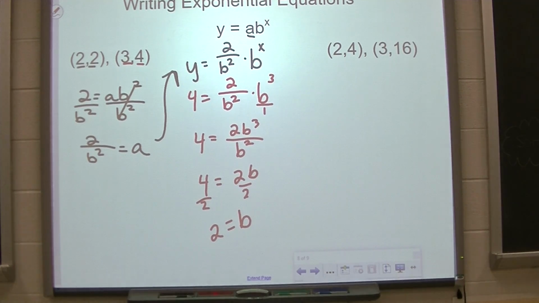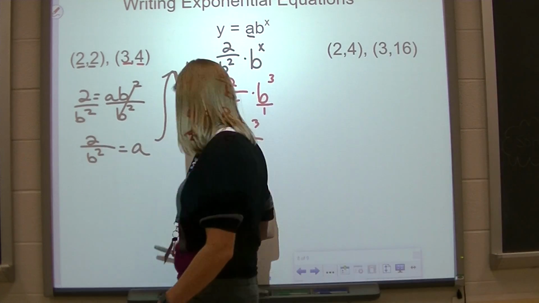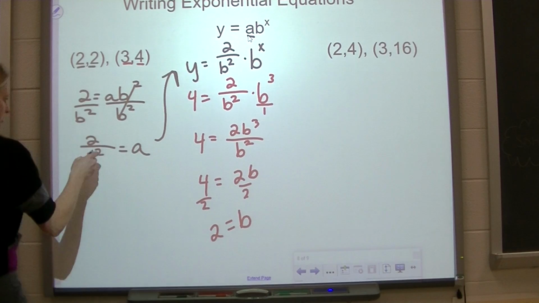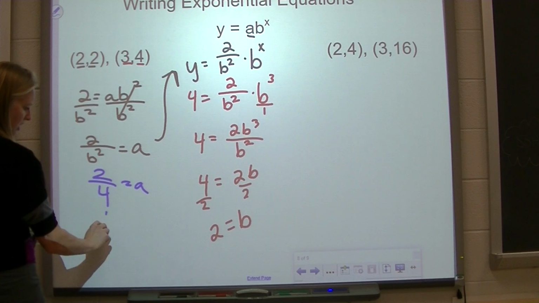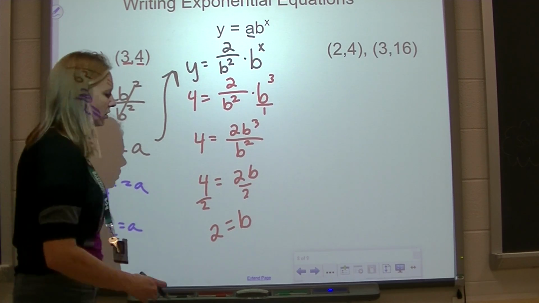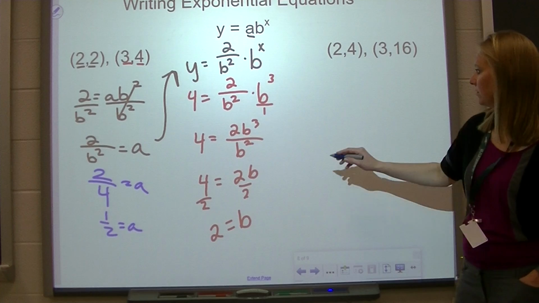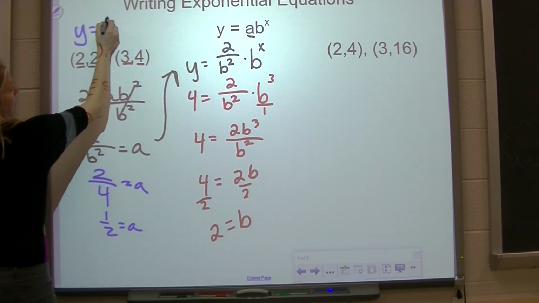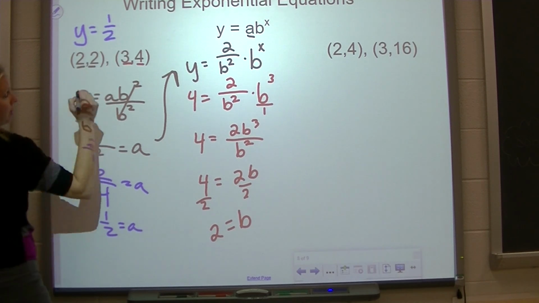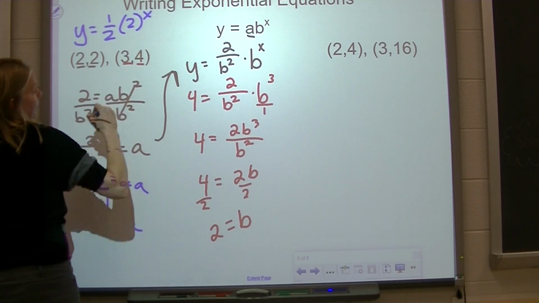Now that we have what b equals, I can use it to solve for a in this equation. So b is 2, so this is essentially 2 over 4, because 2 squared is 4, which is a, so a is 1/2. So our formula for these 2 points is y equals 1/2 times 2 to the power of x.